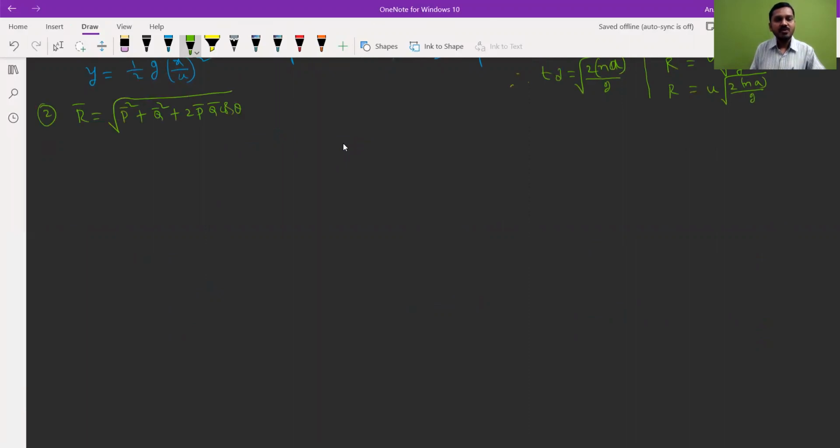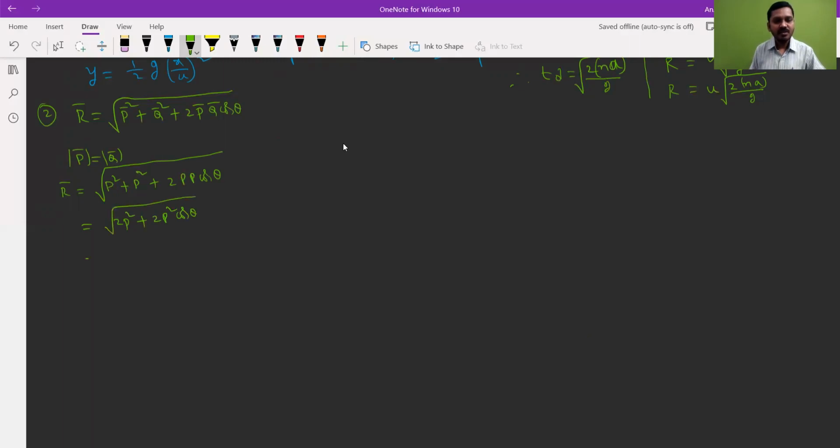Suppose the two vectors are equal in magnitude, so P bar is equal to Q bar, just the magnitudes I am equating here. Then substituting these values in the above equation, the resultant R bar is equal to the square root of P square plus P square plus 2 into P into P cos theta, which is equal to the square root of 2P square plus 2P square cos theta.